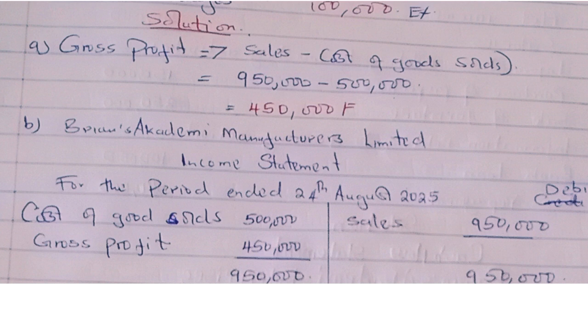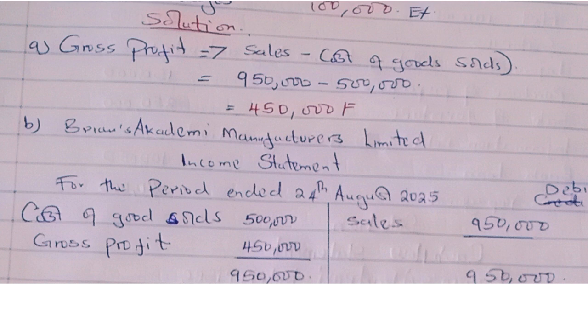So we will take 950,000 minus 500,000, and we get 450,000. So 450,000 becomes our gross profit. So that question is already solved.